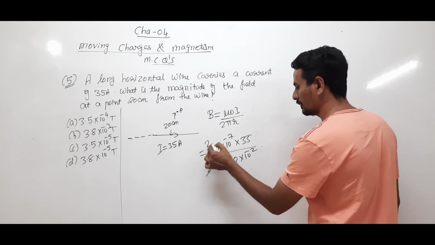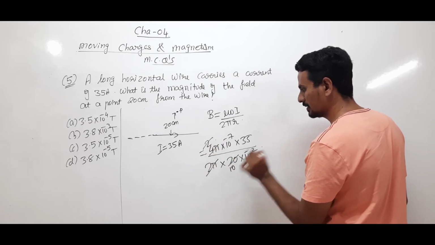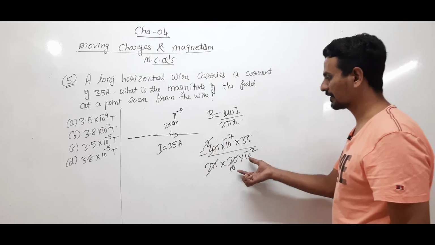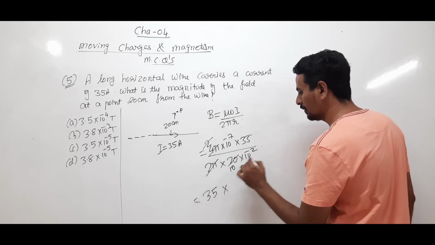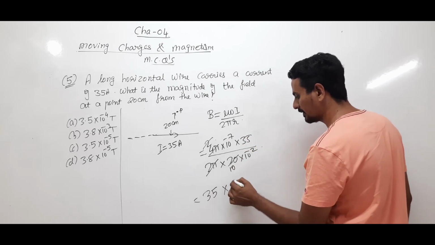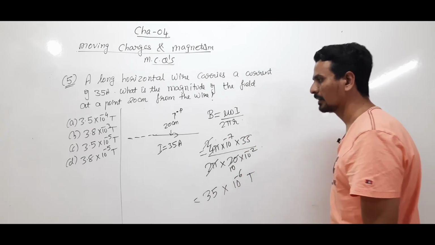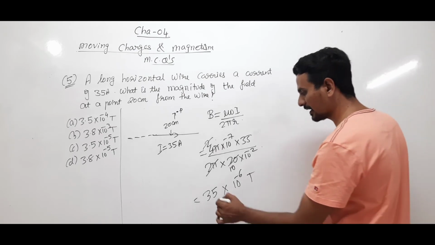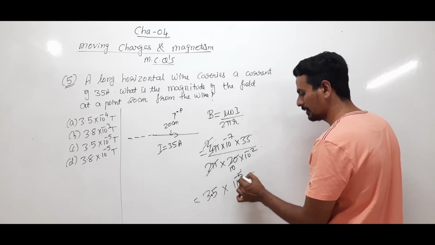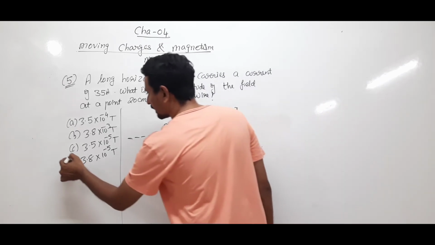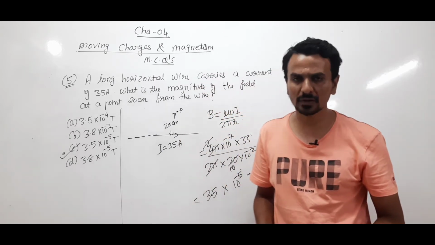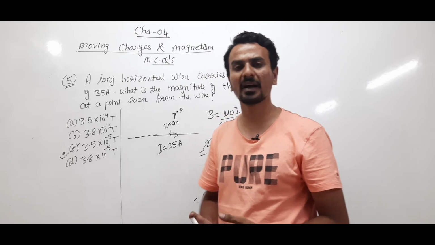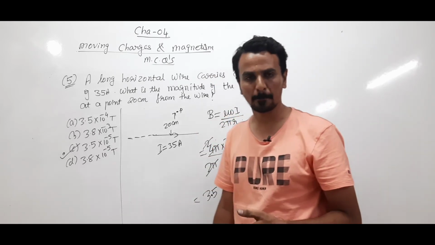So 10 raised to minus 1 will go here. So it will be 35 into 10 raised to minus 6 Tesla. 35 into 10 raised to minus 6, or you can say 3.5 into 10 raised to minus 5, all mean the same. So this is your answer. Clear? A very long wire is equal to an infinitely long wire, and for an infinitely long wire we have the formula mu naught I by 2 pi r. Clear?